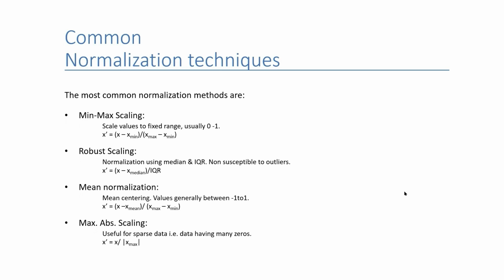After that we have max absolute scaling, which is better suited for data that is sparse, meaning it has many zeros in it, and the formula is x divided by the absolute value of x max. So these are the four methods of data normalization.